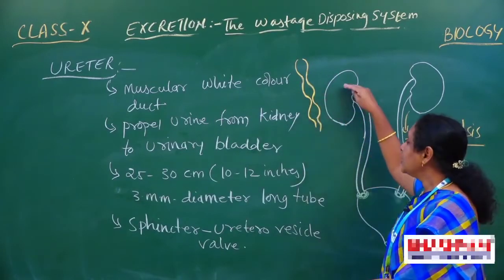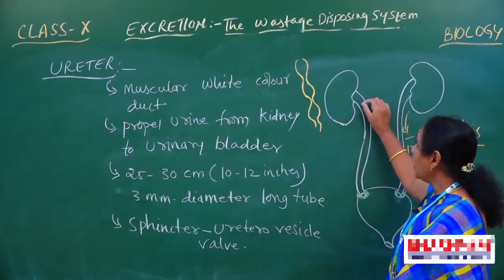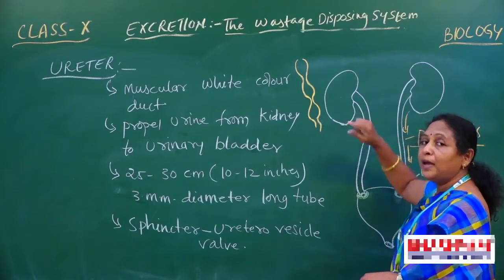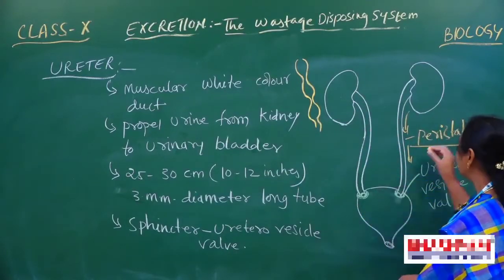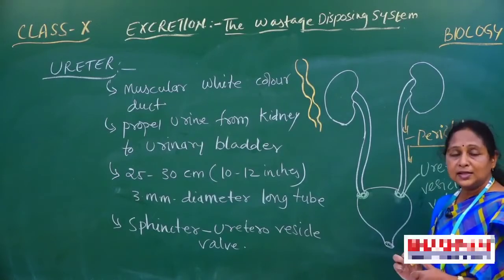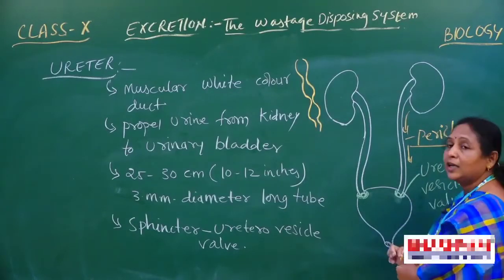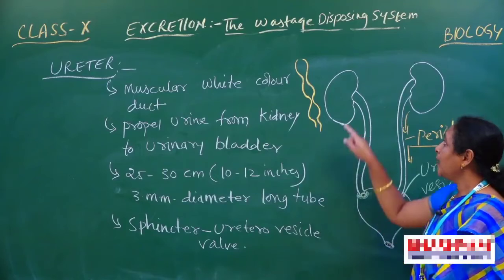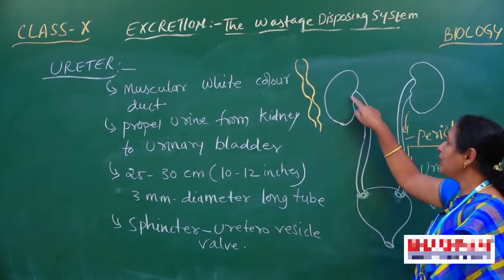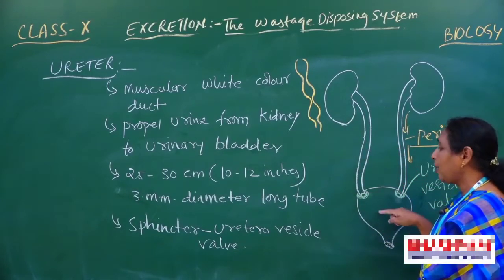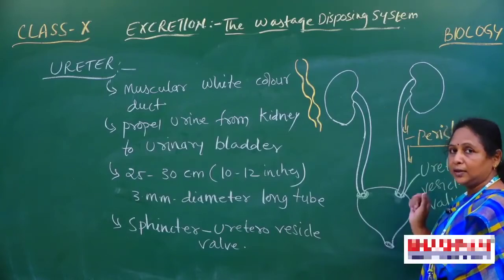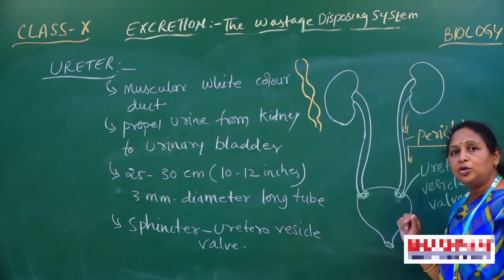Such movement is called peristaltic movement. Through this peristaltic wavy movement, the urine is expelled from the kidney to the ureter and from the ureter to the urinary bladder. So have you understood about the ureter?